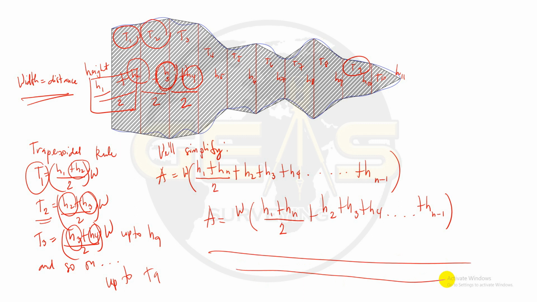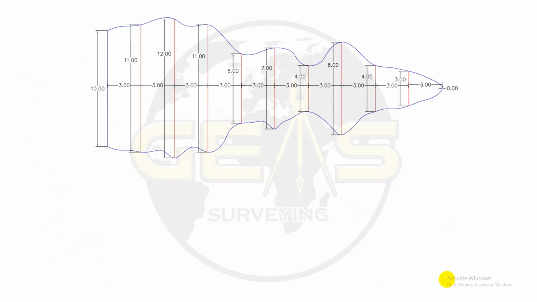Let's have an example. This is the same example as in the previous video I made on Simpson's 1/3 rule. Here you can see the width or distance is 3 meters.